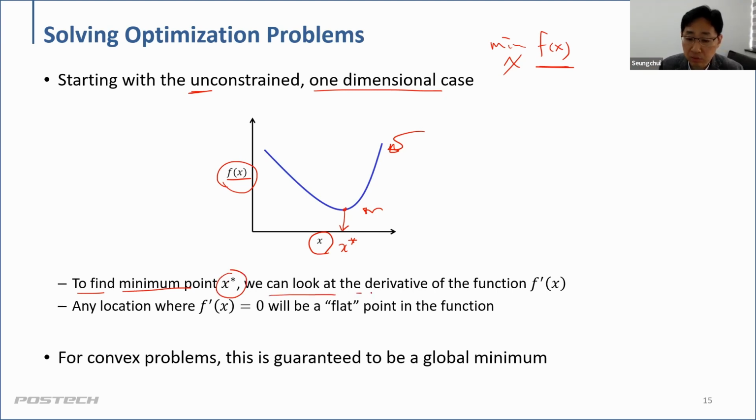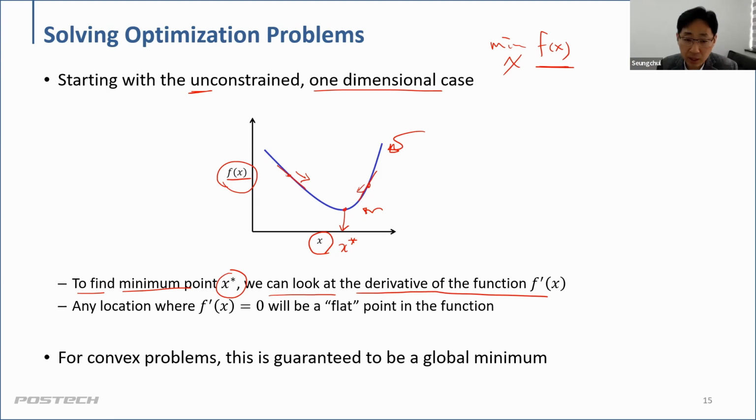We can look at the derivative of that function, because the definition of the derivative is a slope, right? At this point, it's a positive slope, that means there's a minimum point further left. And if you have a negative slope, that means we have to move to the positive side to get a smaller value.